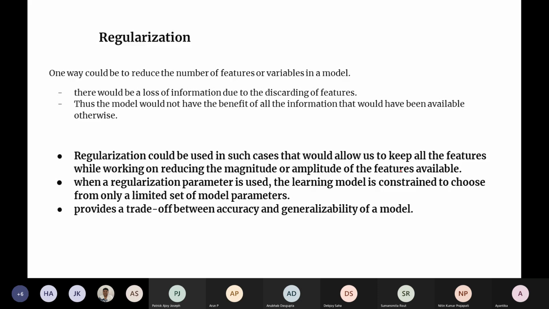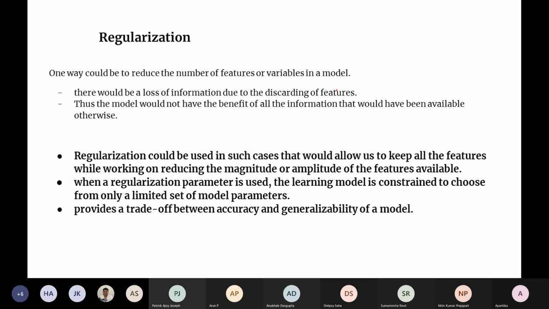Then I will come to the exact keywords, and why we want to reduce the number of features or variables in the model. We mentioned in a basic way that when we want to get rid of overfitting, sometimes we chop off some features or some variables. That way we try to get out of that overfitting.